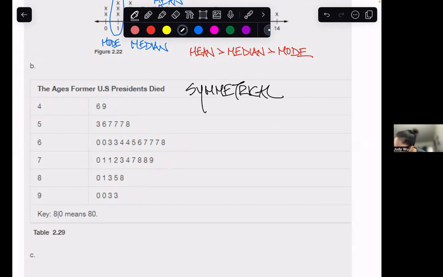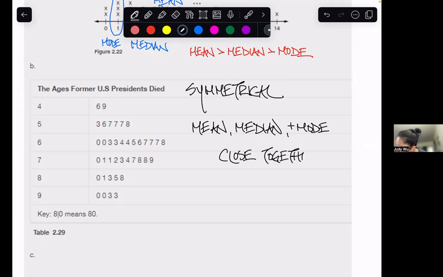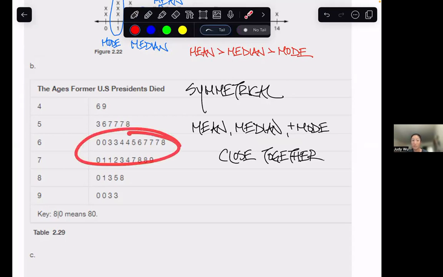And when it's even on both sides, the mean, median, and mode tend to be close together. All right, so these measures of central tendency happen to be somewhere in the center, okay?